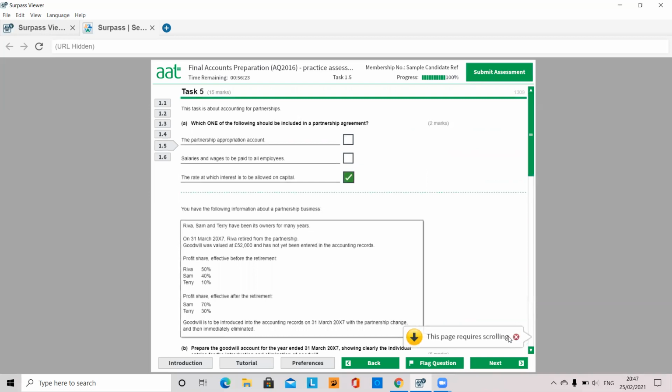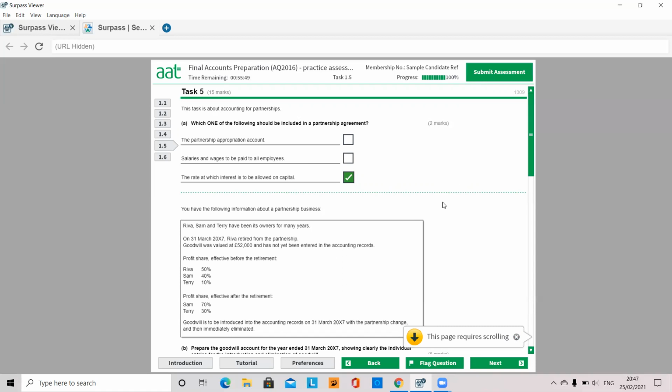1.5 is to do with partnerships. Okay, so we've got partnerships, and it says which one of the following should be included in a partnership agreement. Okay. So again, when you are forming a partnership, when you set down the rules of how the money is appropriated and who's getting what, so on and so forth, then certainly not the appropriation account, because that's how the profits are basically apportioned, as it says.